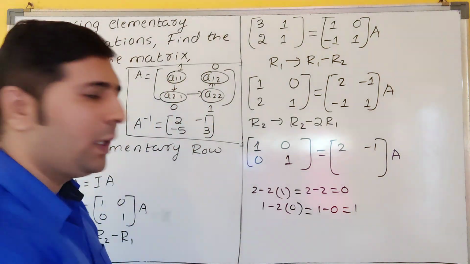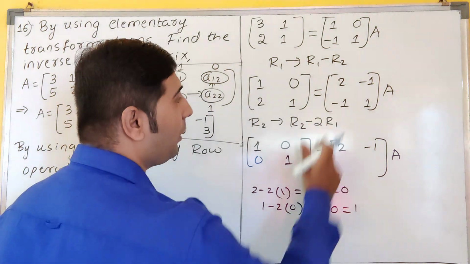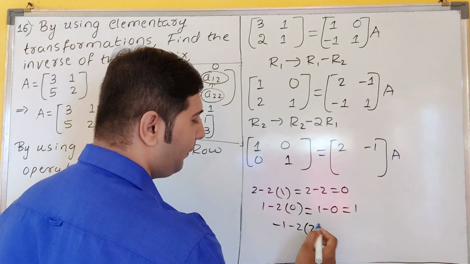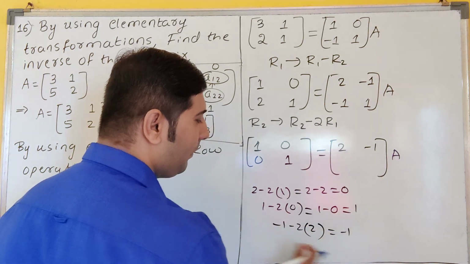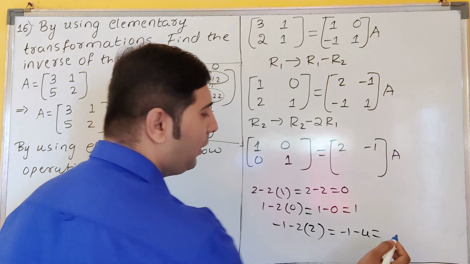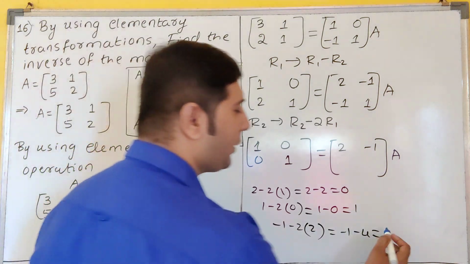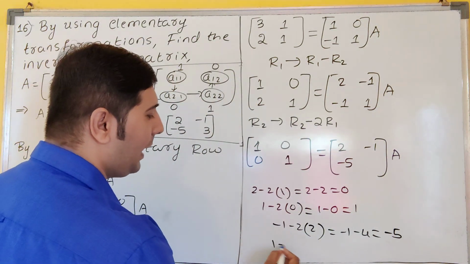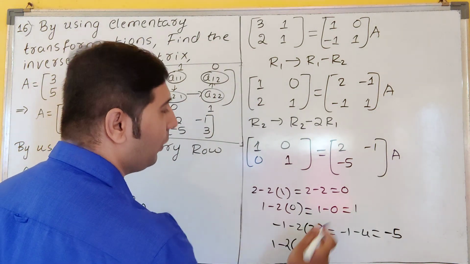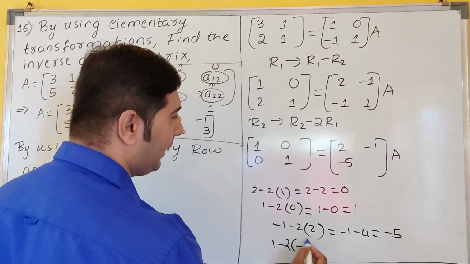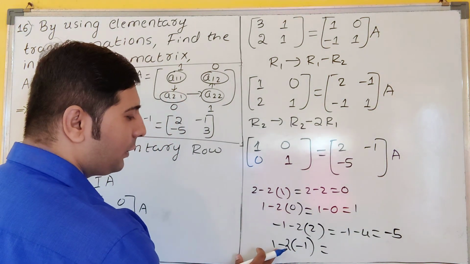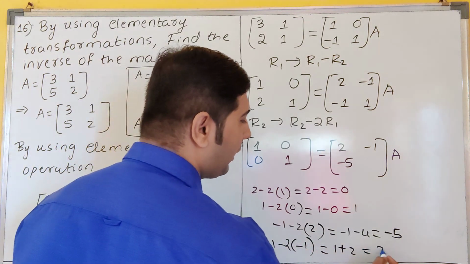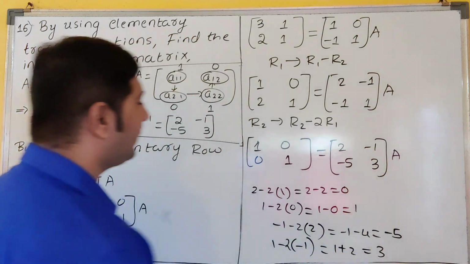Clear everyone? So now see. R2 is minus 1, minus 2 into R1 which is 2. Minus 2 into 2 is minus 4. Minus 1 minus 4 is minus 5, dear students. R2 is 1, minus 2 into R1 which is minus 1. So 1 minus into minus is plus, 1 plus 2 is 3. So we are going to get this answer.